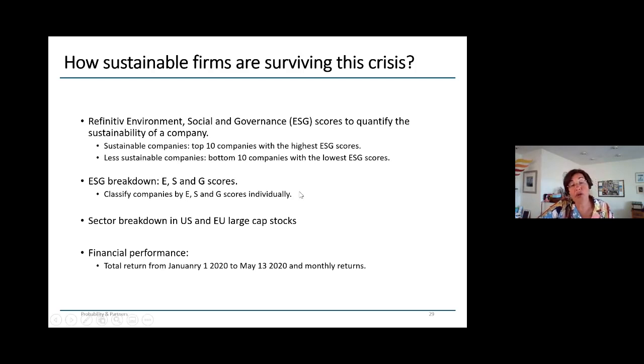And you can look, for example, at just how much they suffered. I mean, all financial markets plunged, of course, dramatically and subsequently recovered, at least for some part. But how do that decline and recovery spread along those different firms? In other words, more or less sustainable ones, and also along different sectors.